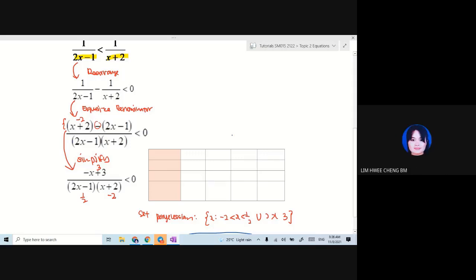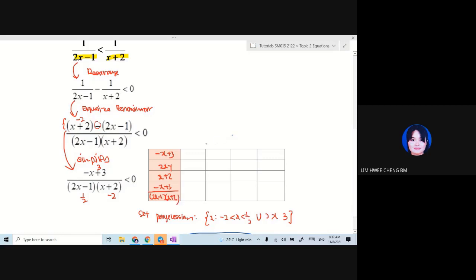You need practice. How do you practice? You start to answer your PYQ. Boleh? Kena practice. Then you put in your sign table the question. Then we decide the locations of the zero.